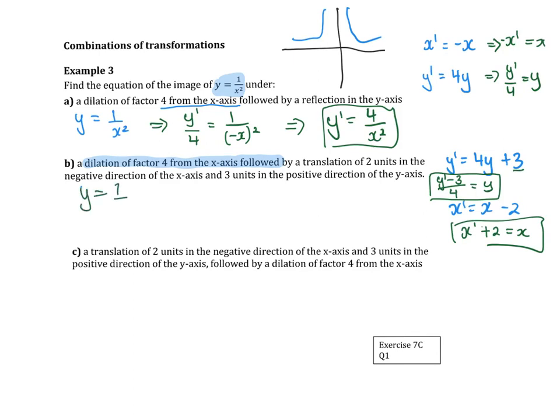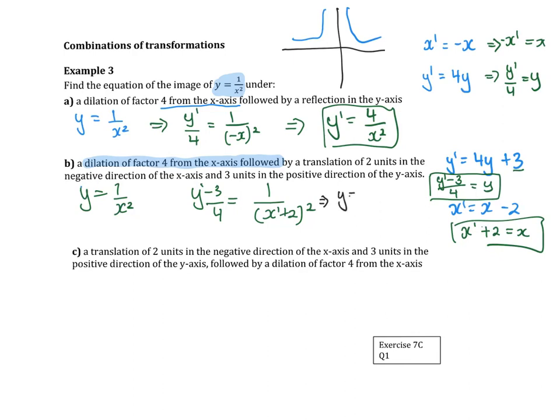We're still using the same one, 1 over x squared. So I've actually got y dash minus 3 over 4 equals 1 over x dash plus 2 squared. Okay, we would not normally leave it like that, so I'm going to move everything. Tidying this up, the 4 dividing would multiply on the other side.